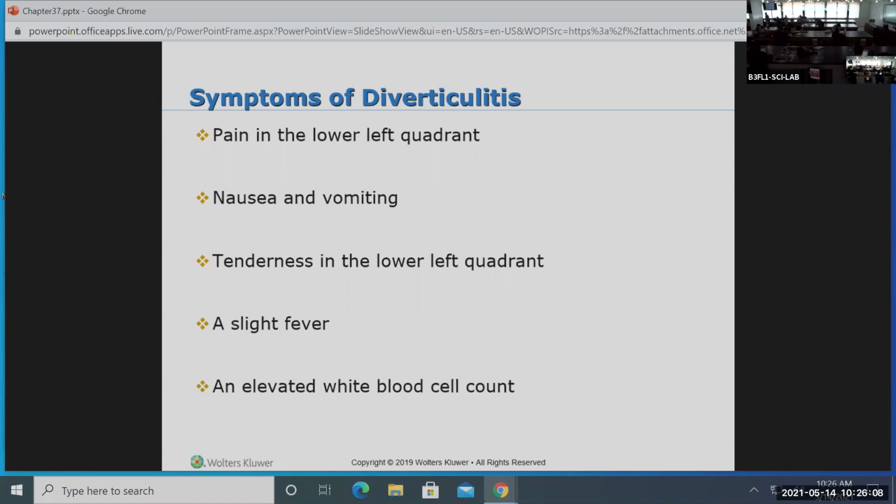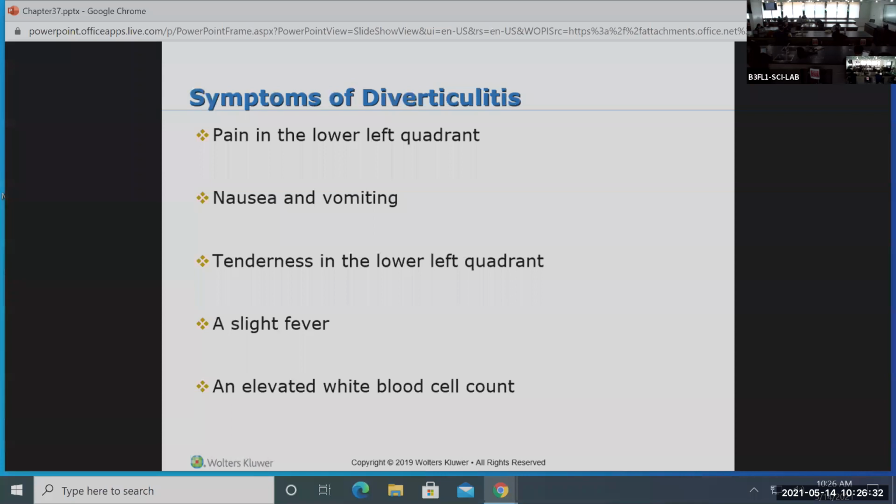In order to prevent diverticulitis, a person should be encouraged to have vegetables and a high fiber diet, which will prevent the occurrence of diverticular disease.